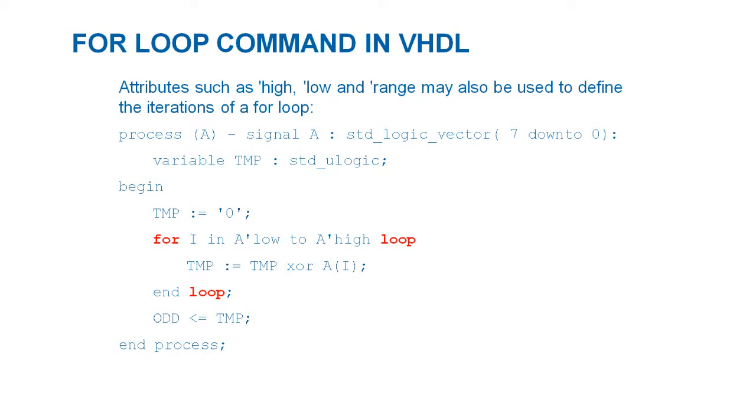So if the value of A or the data type of A is known at the beginning, then the synthesis tool can implement that. But if the value of A can change, or the data type of A can change for some reason, it may lead to some problems in the synthesis tool being able to synthesize this particular for loop construct.